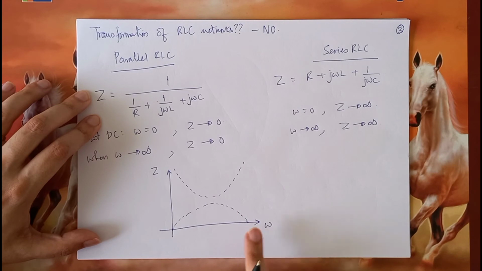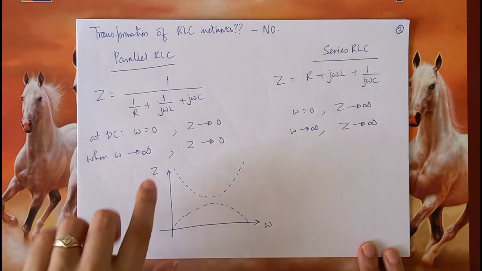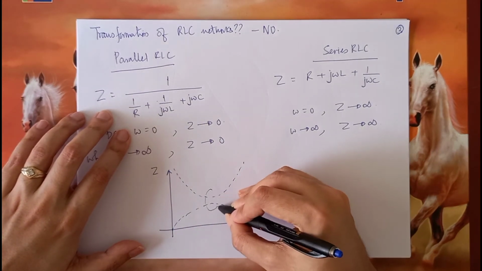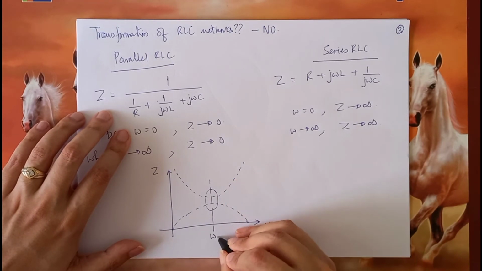So at 0 and at infinity, we see that they are largely varying. But the question is, what is happening here? Here is the point where the resonance happens.